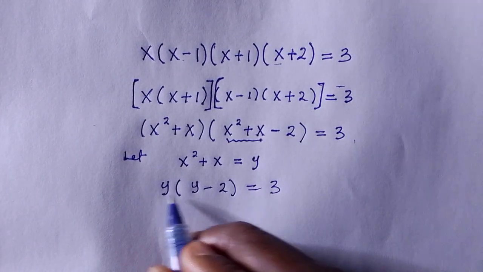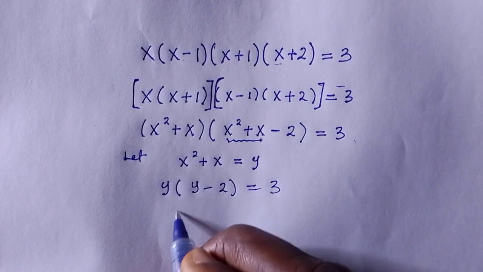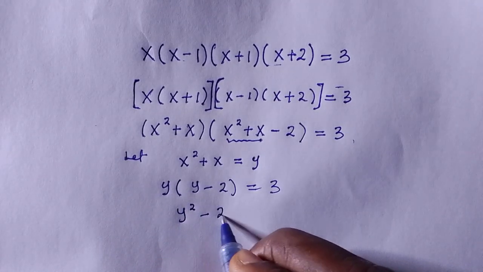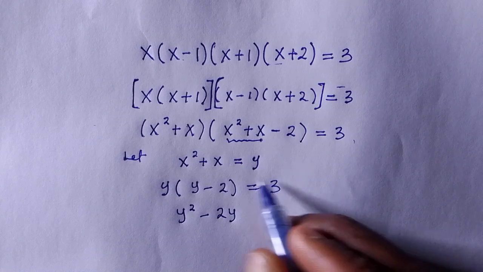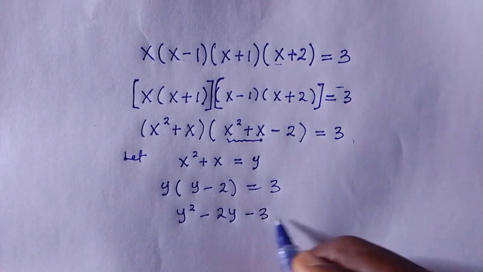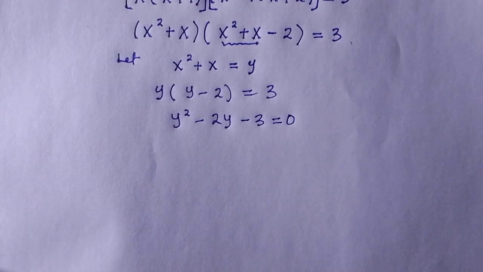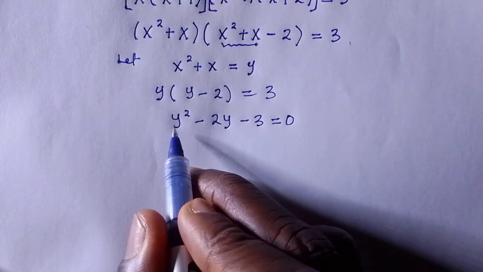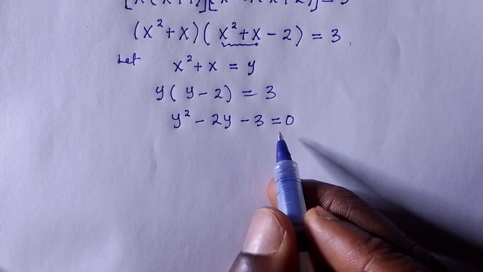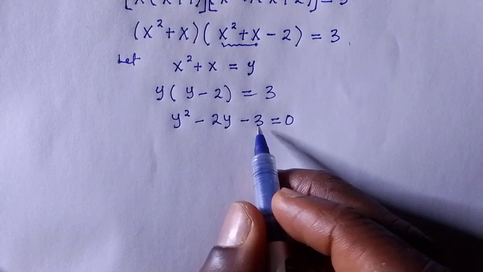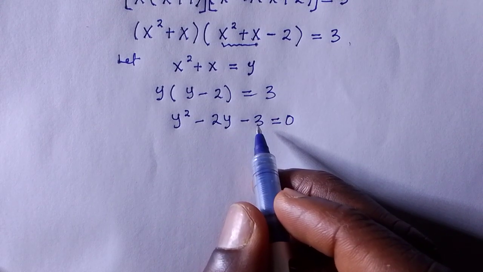Then let's expand this. y multiplied by y, we get y squared, minus y multiplied by 2, we get 2y. Then let's take 3 here, equals 0. So next, this is a quadratic equation, and the middle term here is the sum, and this one is the product.